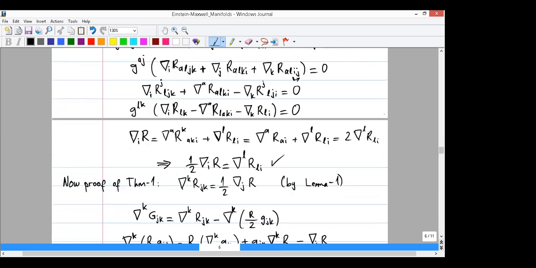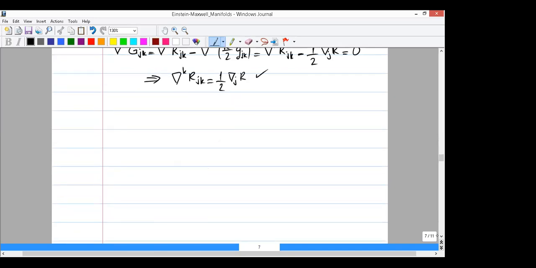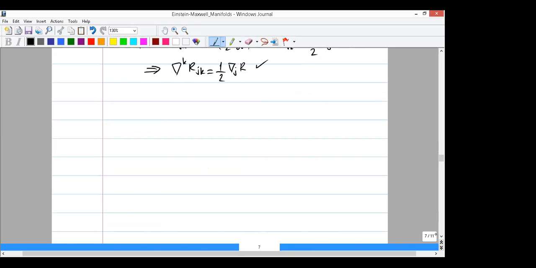Okay, let's give another theorem. And after this theorem, I think I'm going to stop for today. Theorem.